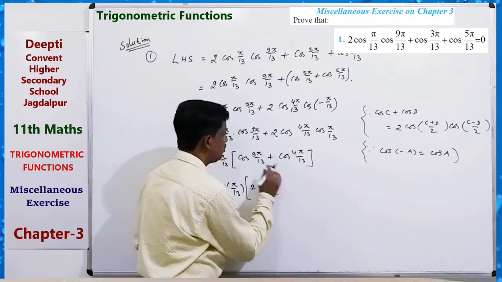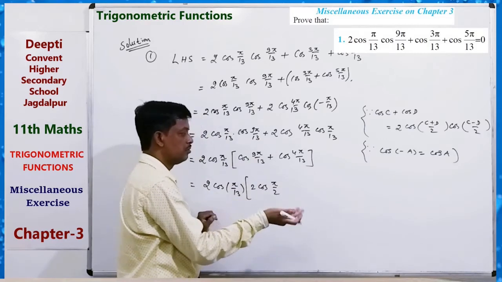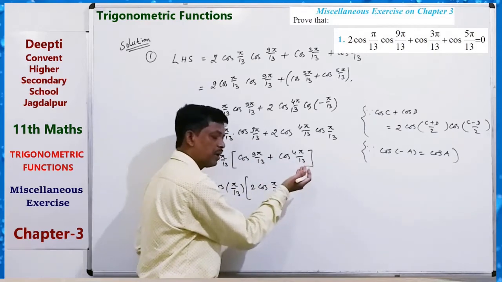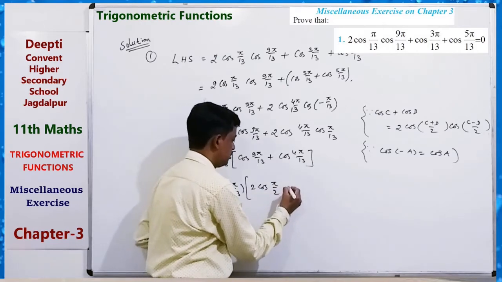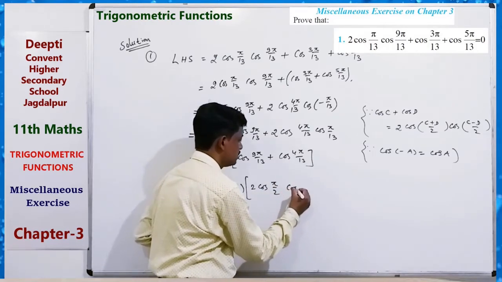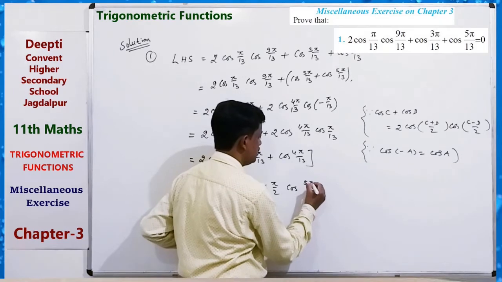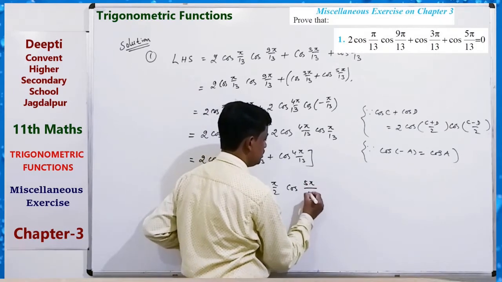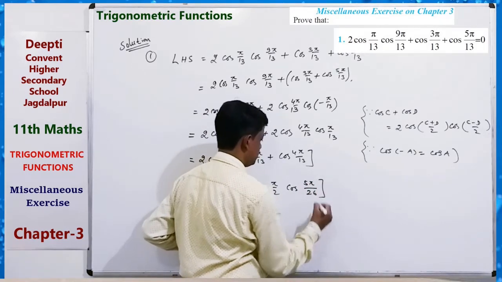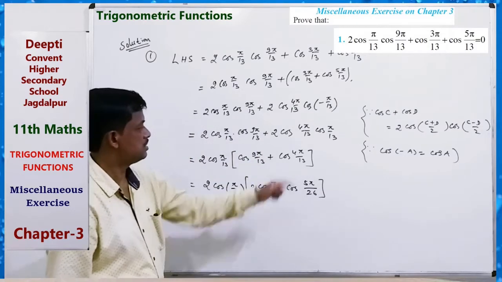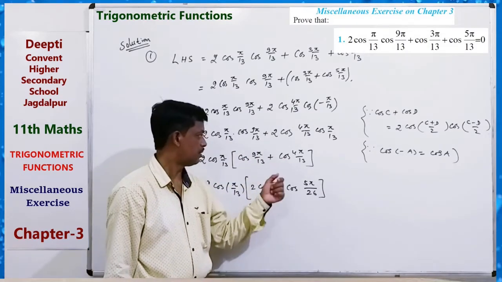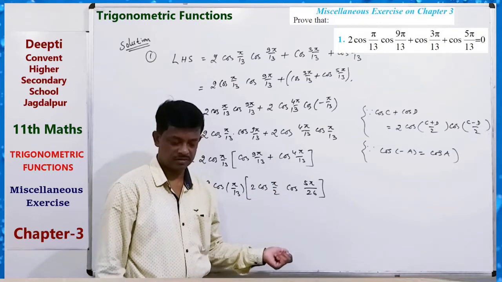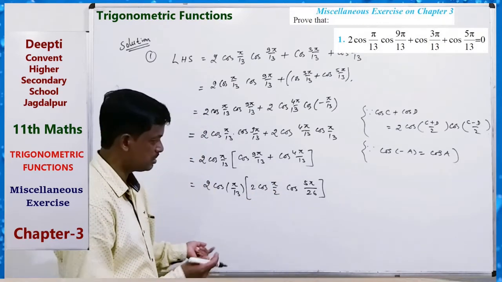And now for the difference, 9 pi minus 4 pi is 5 pi by 13, also divided by 2, so cos 5 pi by 26.